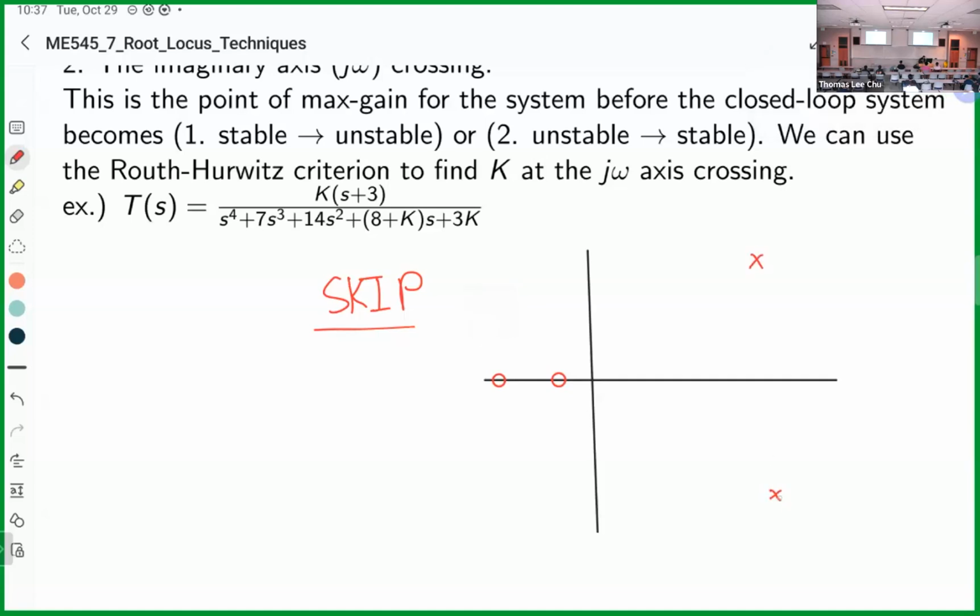So first of all, these are our open loop poles and zeros. And then it's going to look something like this. The root locus starts at our open loop poles, ends at our open loop zeros, and it has a break-in point which we can solve for, sigma A. And this point here is called our imaginary axis crossing.